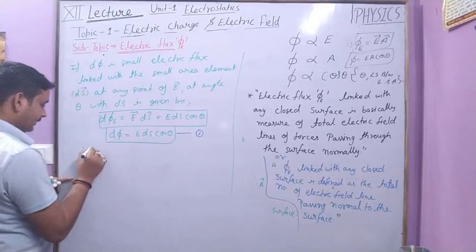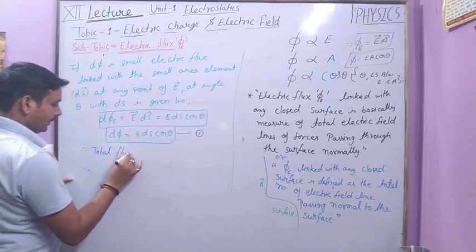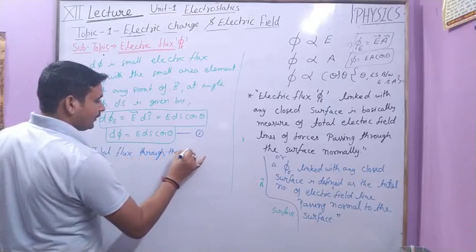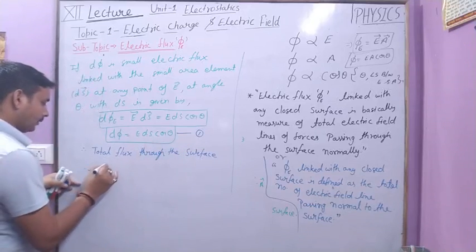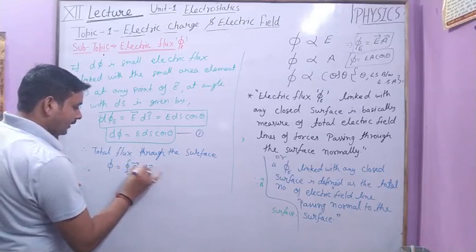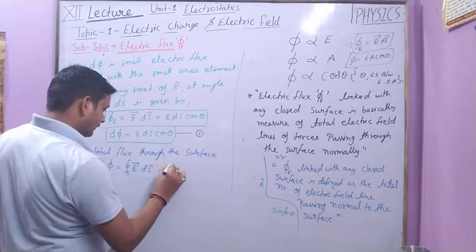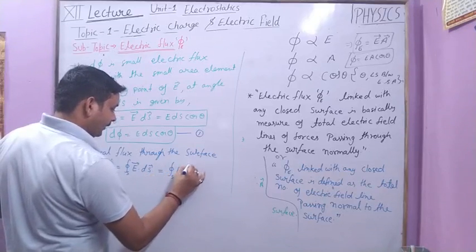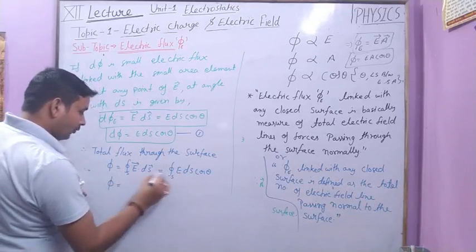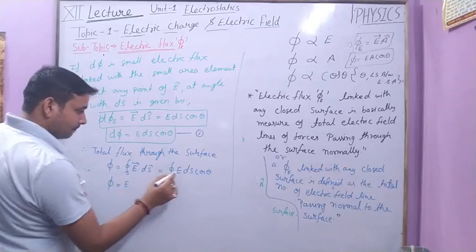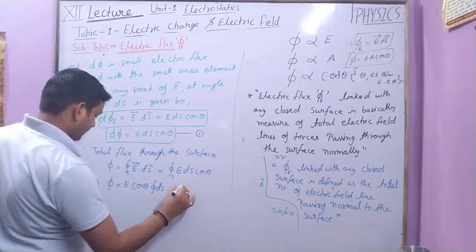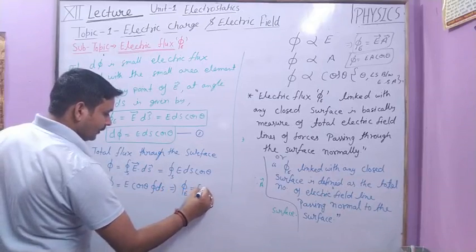Therefore the total flux through the surface phi is equal to the closed integral of vector E dot dS, which is the closed surface integral of E dS cos theta, which is equal to E cos theta times the integral of dS, so the electric flux is ES cos theta.